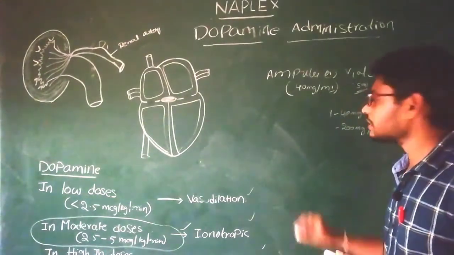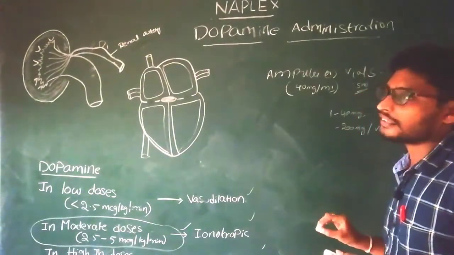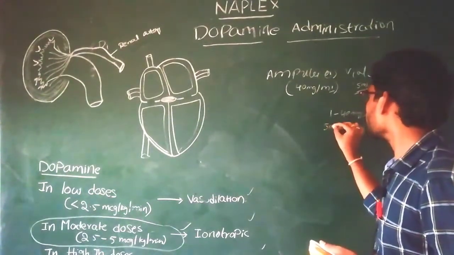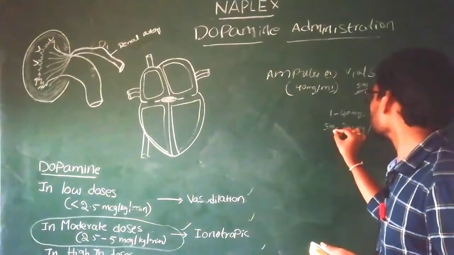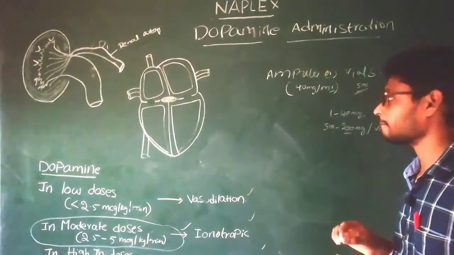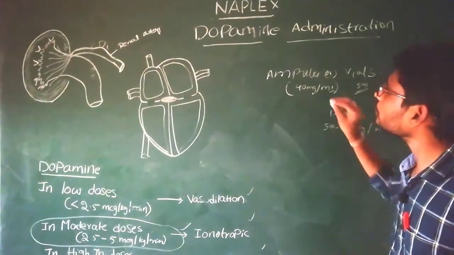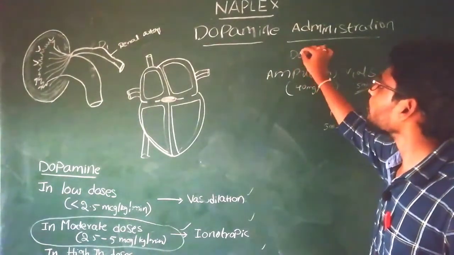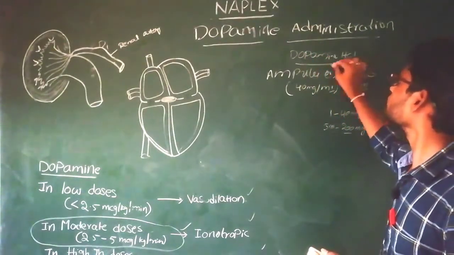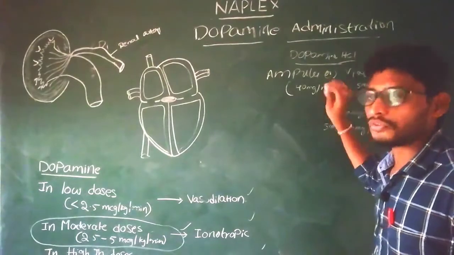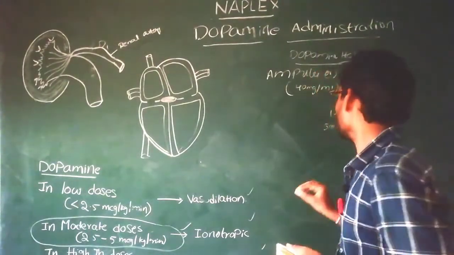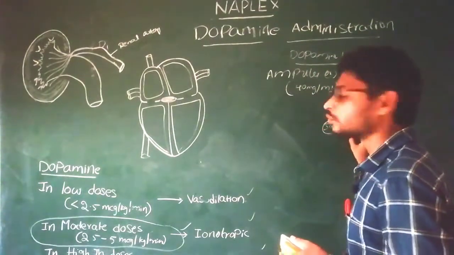The capacity of the vial is 5 ml and each ml contains 40 mg of dopamine, so each vial contains a total of 200 mg. Dopamine is available in the form of dopamine HCl, with 40 mg per ml and a total of 200 mg in 5 ml.